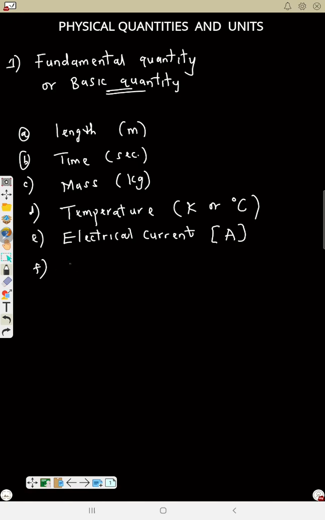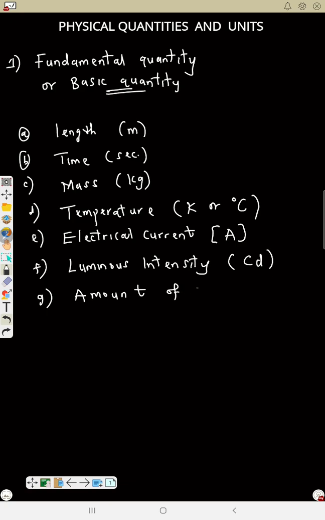6, luminous intensity, that is candela, cd. 7, amount of substance, that is mole.